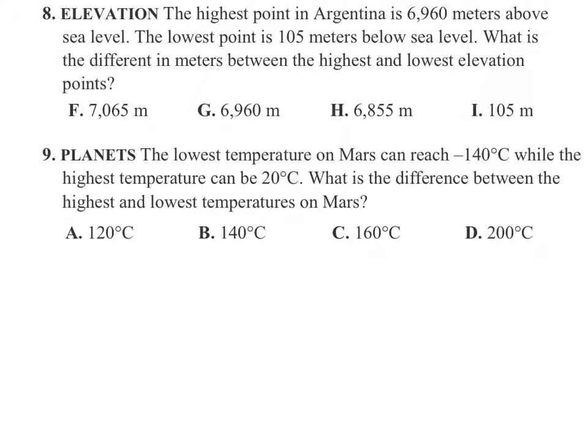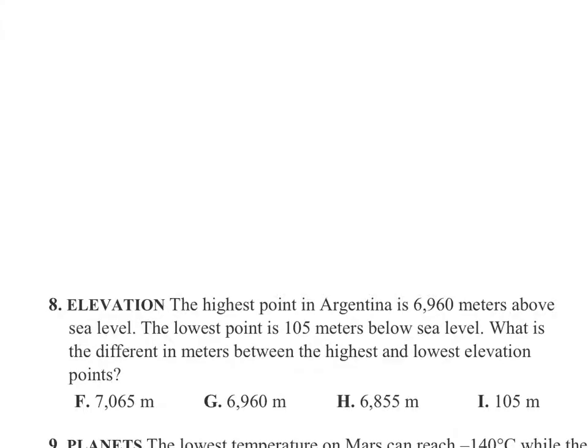Number 8, elevation. The highest point in Argentina is 6,960 meters above sea level. The lowest point is 105 meters below sea level. What is the difference in meters between the highest and lowest elevation? Alright, so I'm going to use a picture for this one. So I got my highest point in Argentina, which is 6,960 meters.